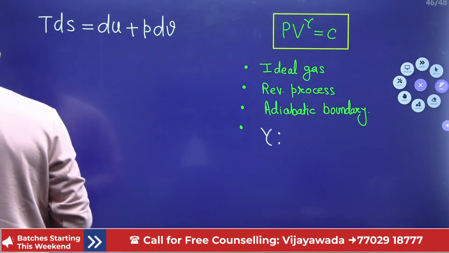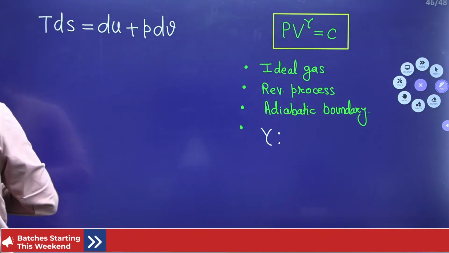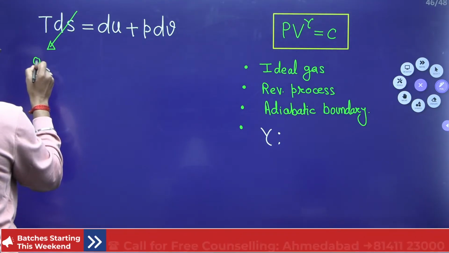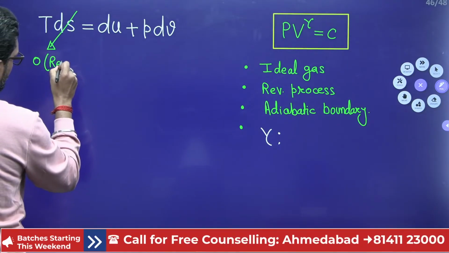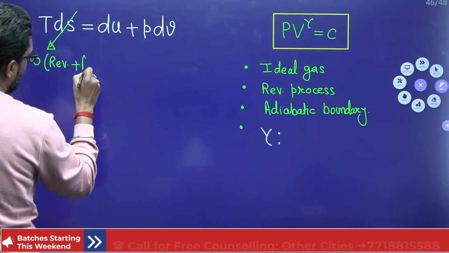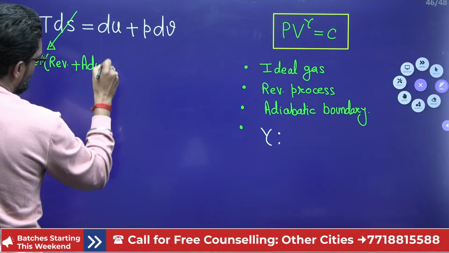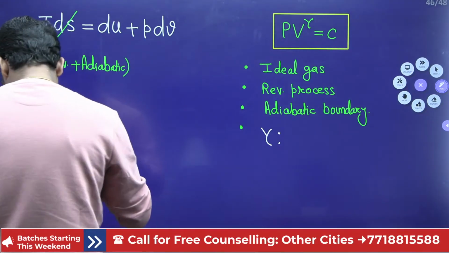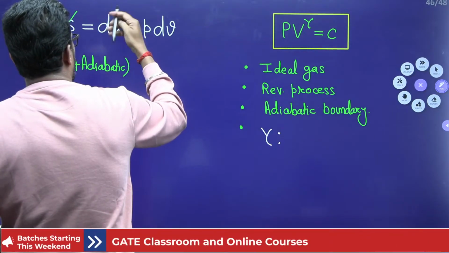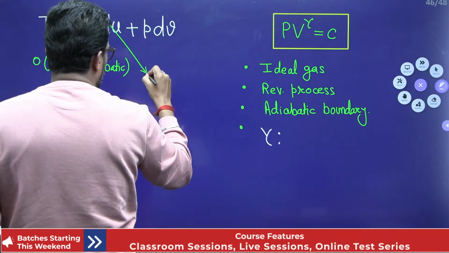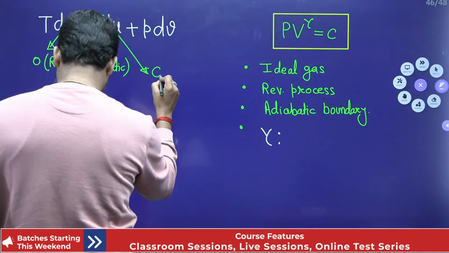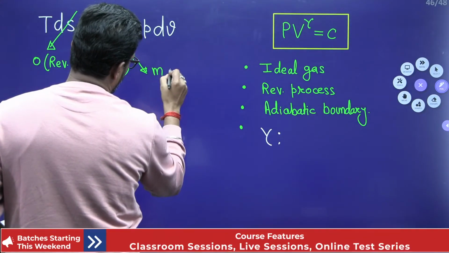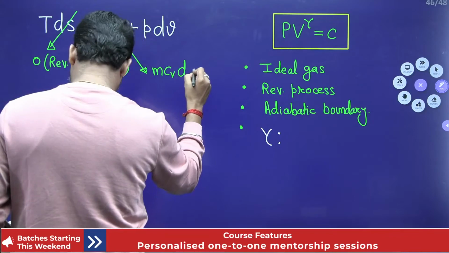Okay, and in this condition, this is 0 for reversible adiabatic. Reversible plus adiabatic. Not polytropic. And this is what? This is CV, that means m CV dT.